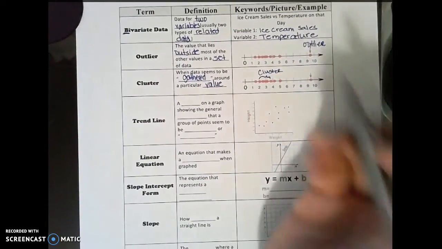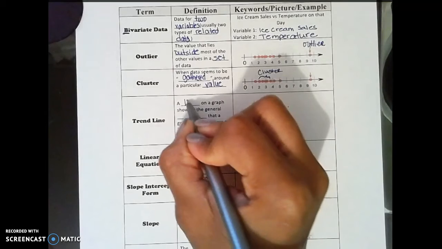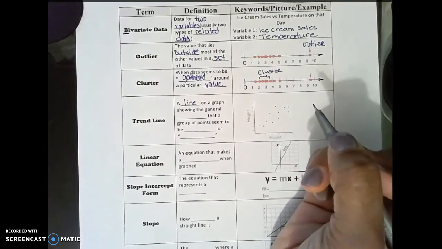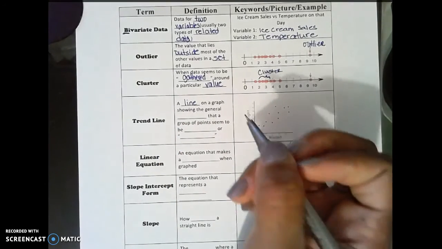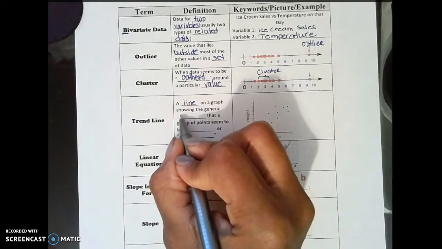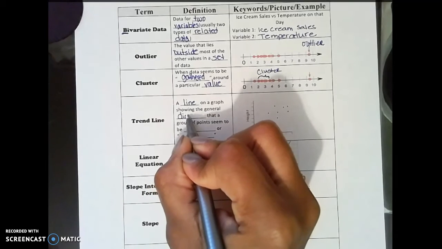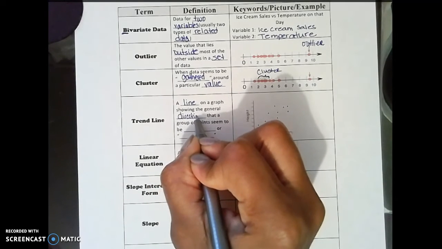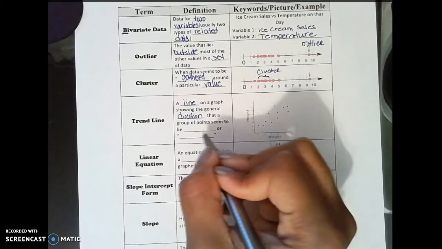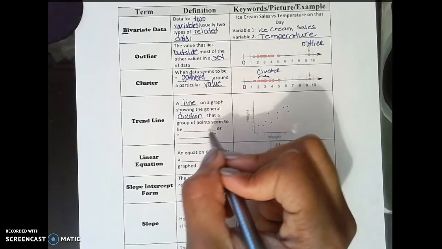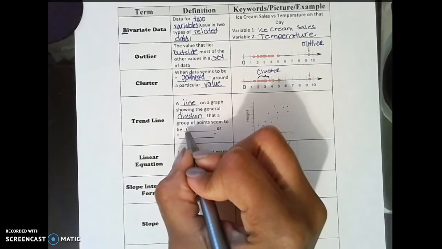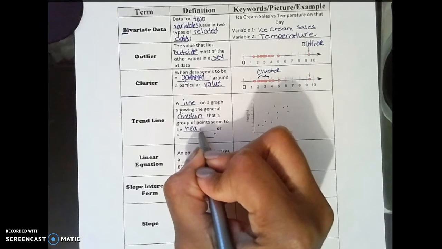Okay, trend line. Trend line is a line on a graph showing the general direction that a group of points seems to be heading or trending.